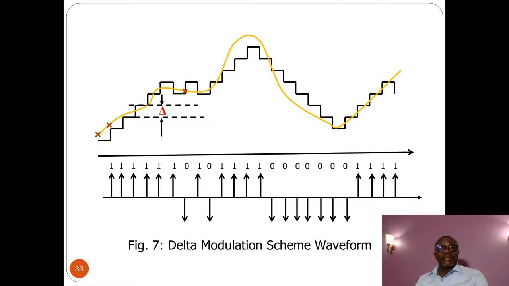But if we look at the third X along that yellow signal, you see that that step is lower than the step before it. It marks it 0. The next afterward, that X is higher. It marks it 1. The next after that one is lower. It marks it 0.